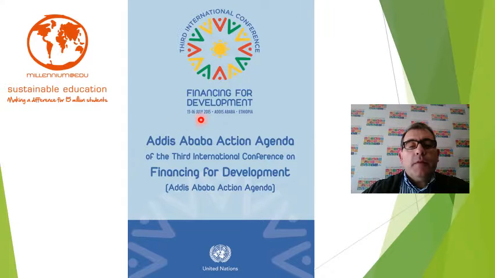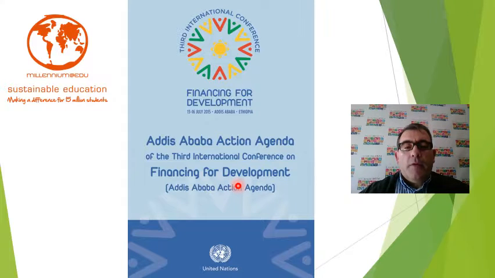The third document we choose for this part on sustainability is the Addis Ababa Action Agenda. It is the result of the Third International Conference on Financing for Development, and it is the other aspect which is very important in the SDGs: the financing of sustainable development.